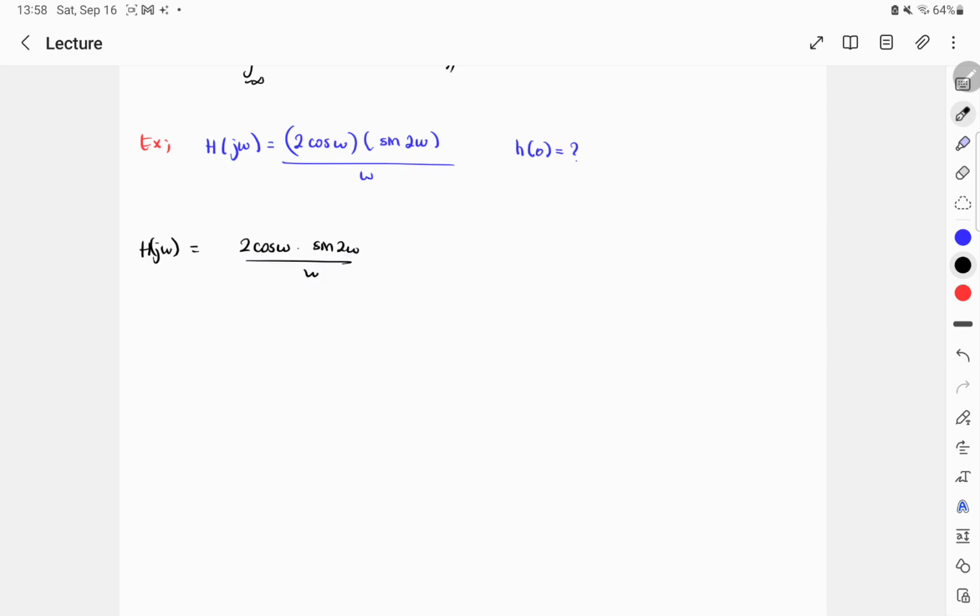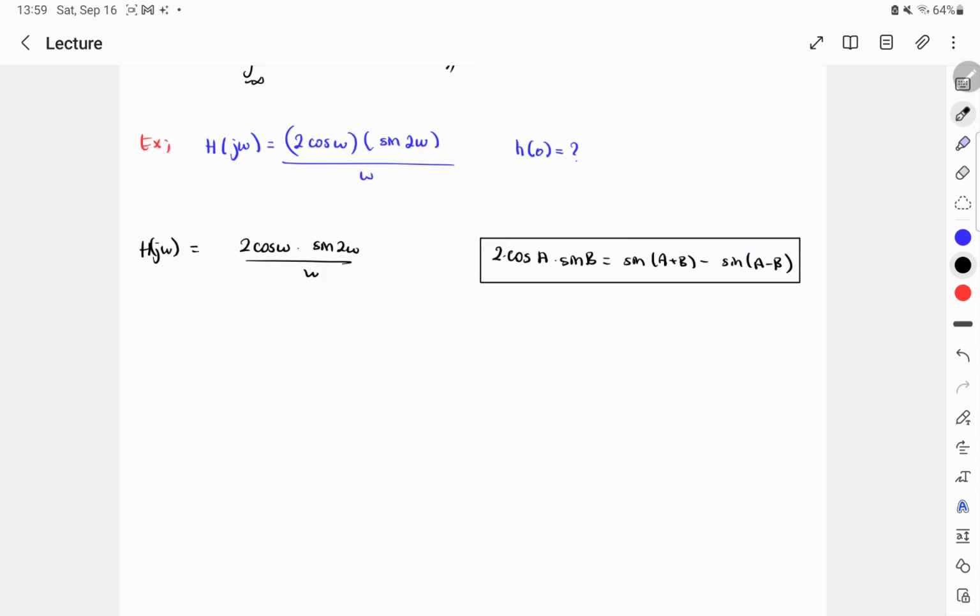And let me remind you of a trigonometric function equality, which is 2 times cosine A times sine B equals sine (A plus B) minus sine (A minus B) this time. All right, this is important. Let me show it like this.